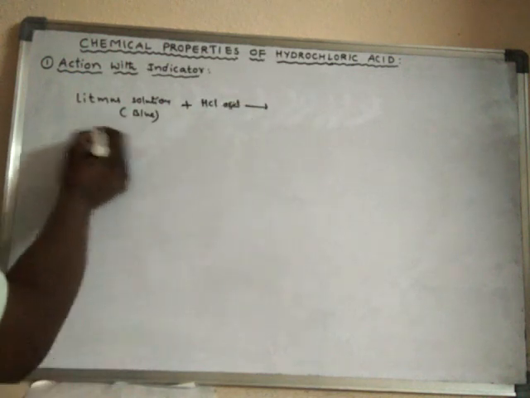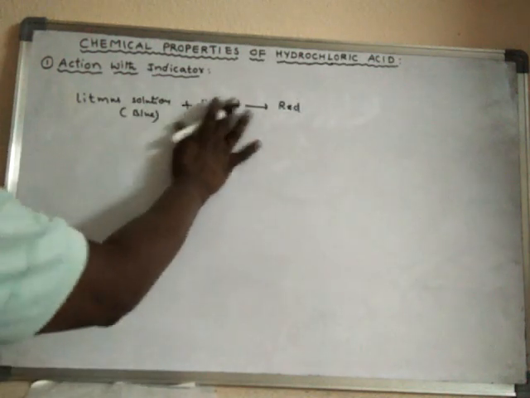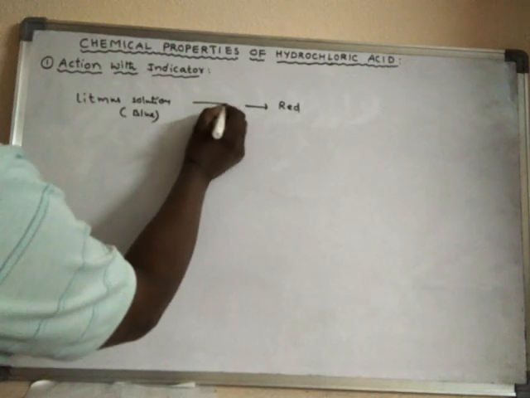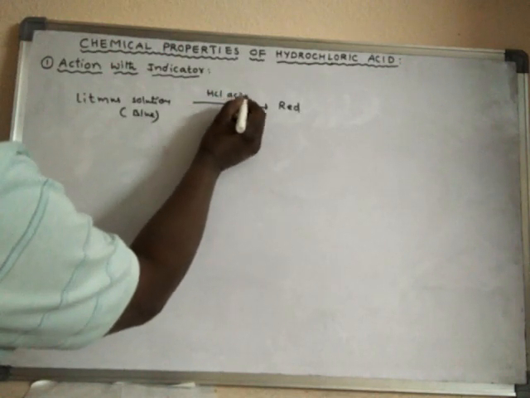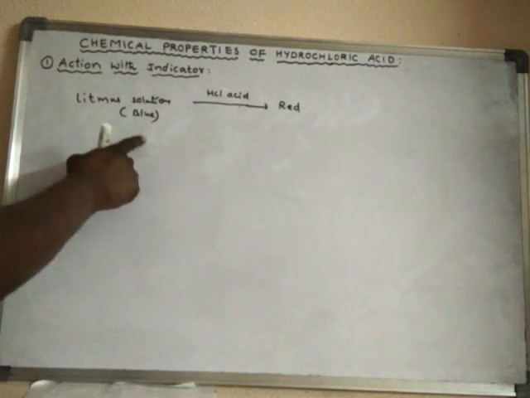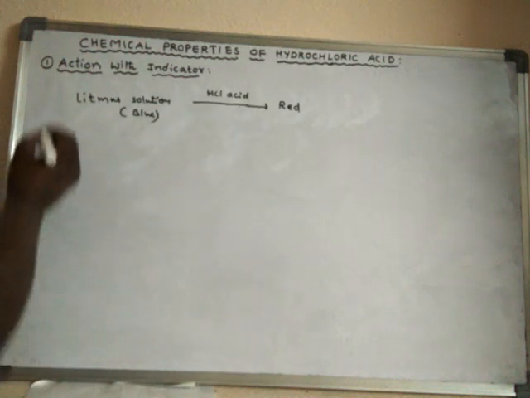The color of the litmus solution is turned to red. So in the presence of hydrochloric acid, blue litmus is turned to red.